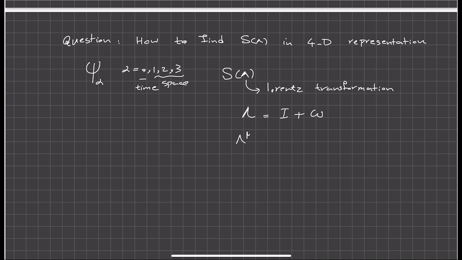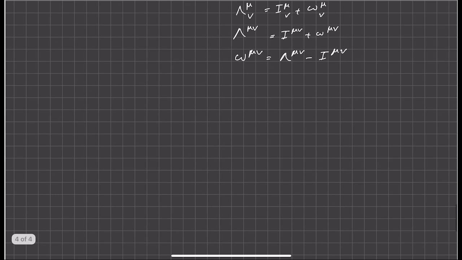We're basically saying lambda mu nu, or any permutation of the index upper and down, is equal to I mu nu plus omega mu nu. And this omega mu nu is equal to lambda mu nu minus I mu nu. Okay, so this is how we can get these omegas.